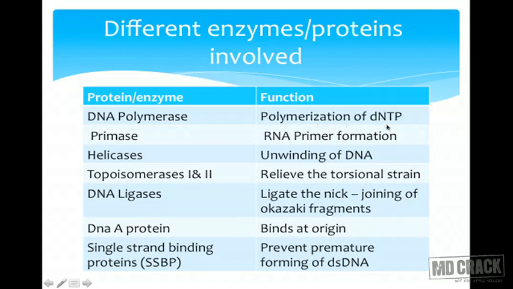Polymerization of deoxynucleoside triphosphates, dNTPs. Whatever deoxyribonucleotide is coming in, it is going to polymerize them. It is going to see that a phosphodiester bond is formed between one nucleotide and another nucleotide. So this polymerization is done by the enzyme DNA polymerase.